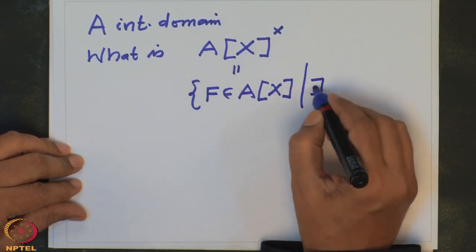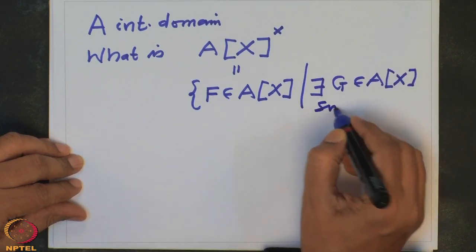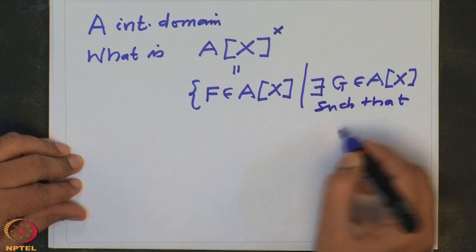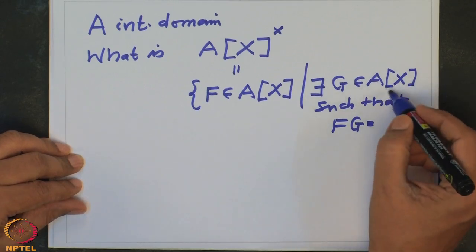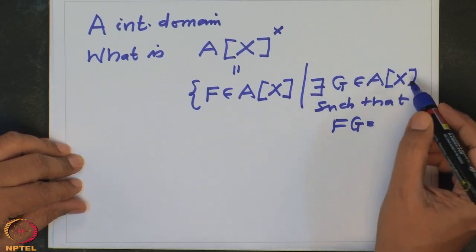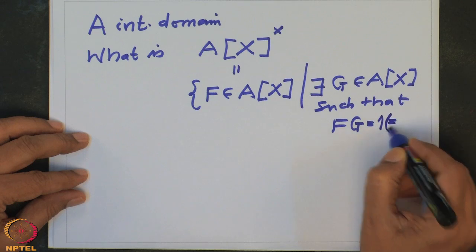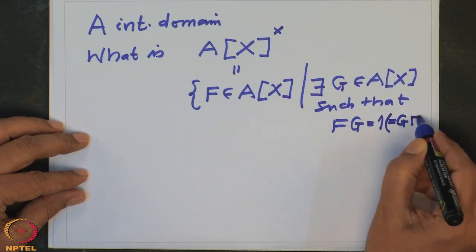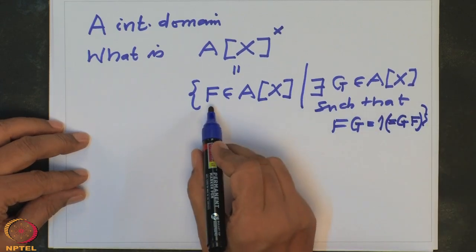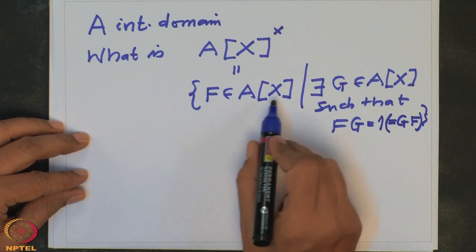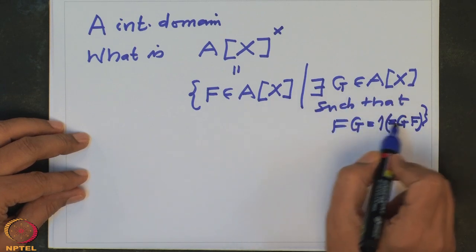That means there exists g in A[x] such that f times g equals the multiplicative identity in this polynomial ring, which is the constant polynomial 1, and that is also g times f, because our operations are commutative. So we want to know all polynomials with coefficients in A for which there is another polynomial g so that f times g is 1.